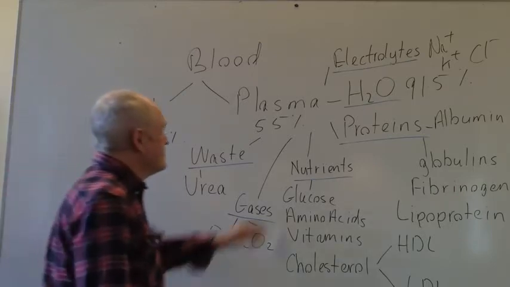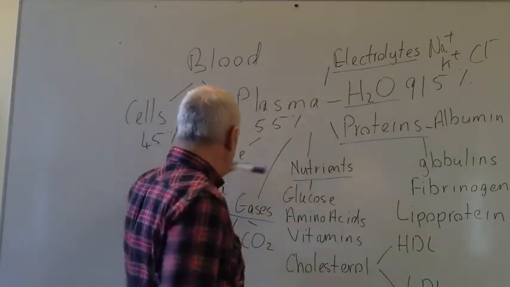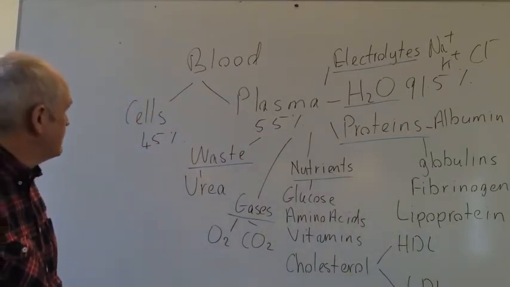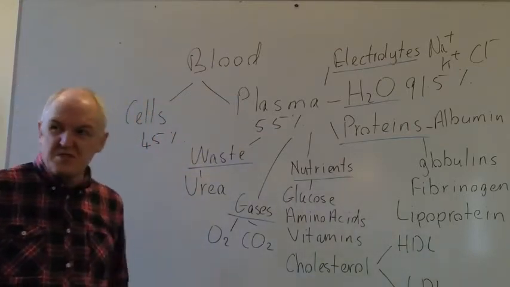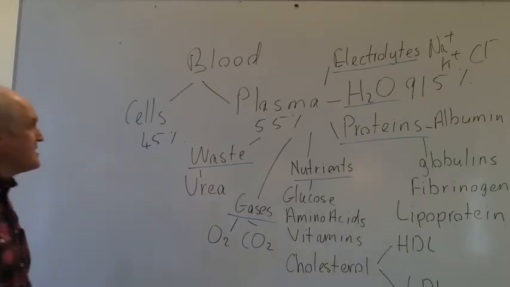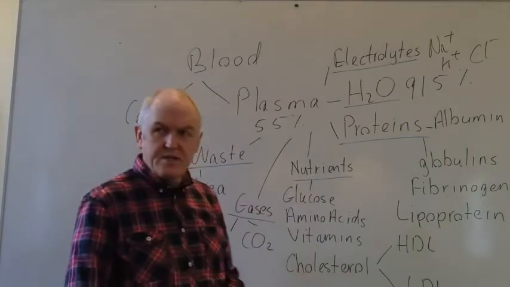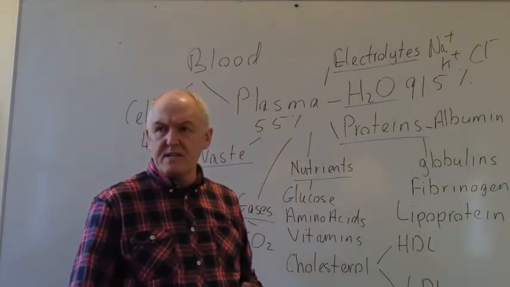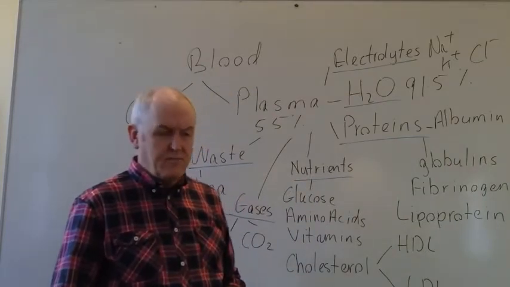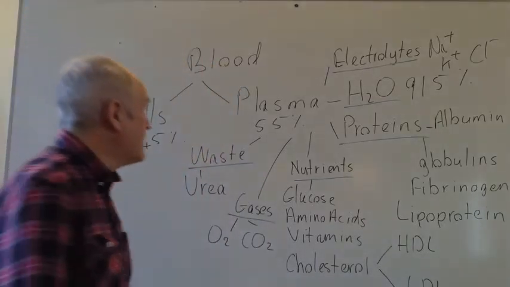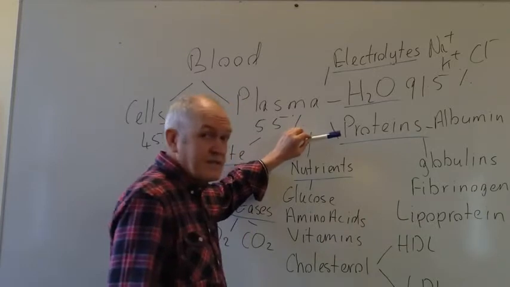Right, electrolytes, water, protein, nutrients, gases, wastes, all sorts of stuff in the plasma. So I guess if plasma's 91% water, all these other things must be about 8.5% of the plasma. And the vast majority of that volume is actually taken up by the proteins.